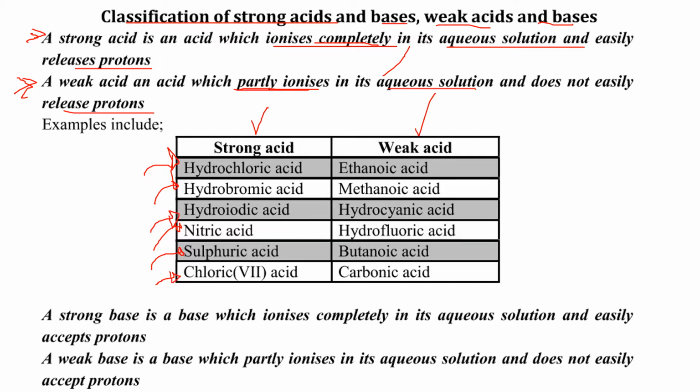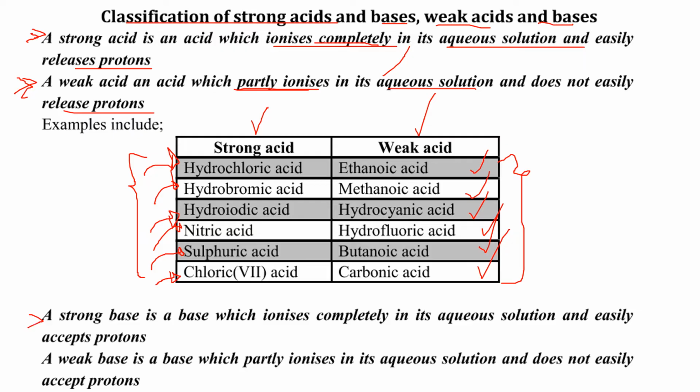These are some of the strong acids that you are having in physical chemistry or in chemistry in general. And then weak acids are mainly going to be organic compounds: ethanoic acid, methanoic acid, hydrocyanic acid, hydrofluoric acid, butanoic acid, and carbonic acid. So these ones are classified under weak acids.